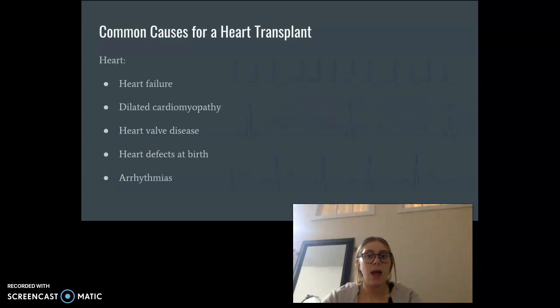And there are many reasons for why someone might need a heart transplant, but the main ones include congestive heart failure, dilated cardiomyopathy, heart valve diseases, if you're born with a heart defect, or just arrhythmias, which happen when your heart beats in an irregular rhythm.